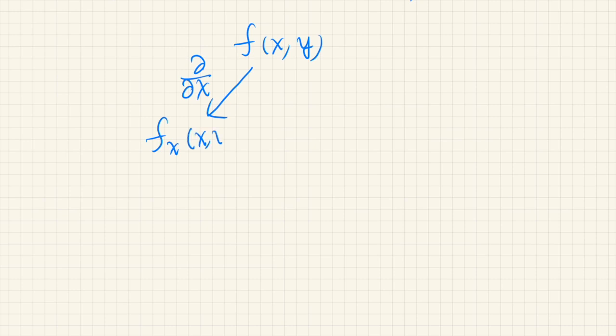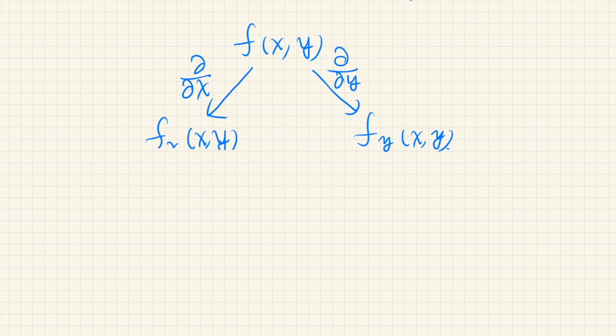Okay, so suppose we have a function f of x and y, and if we differentiate it with respect to x, then we have the first derivative with respect to x. And if we differentiate it with respect to y, then we have the first derivative with respect to y, fy of xy.